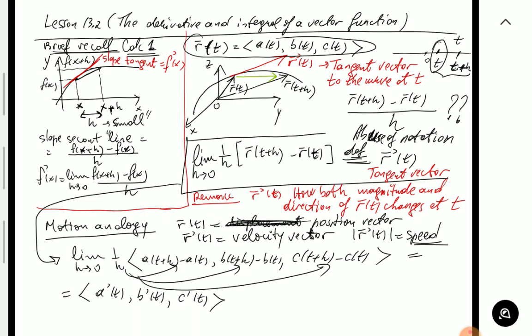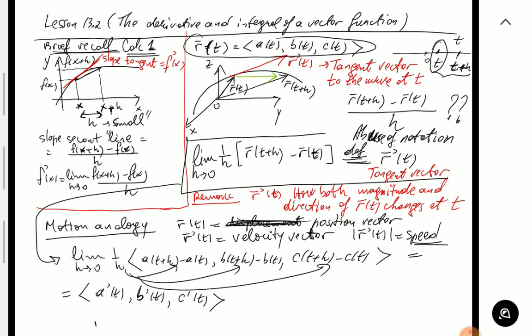So computationally speaking, there's almost nothing new in terms of what we learned so far. How do you differentiate a vector function? You differentiate each component at a time, right? The concept of the derivative of a vector function translates to the concept of the derivative of each component function.